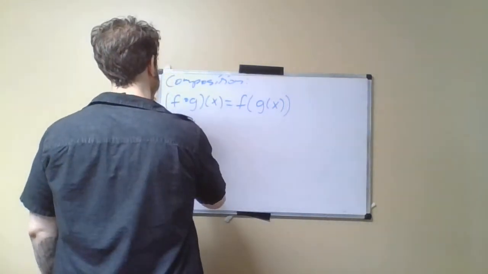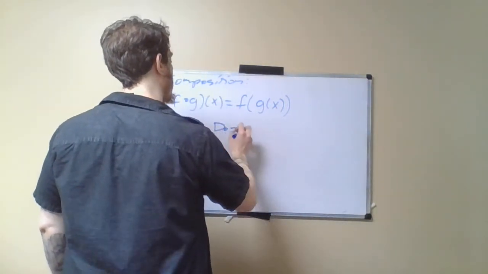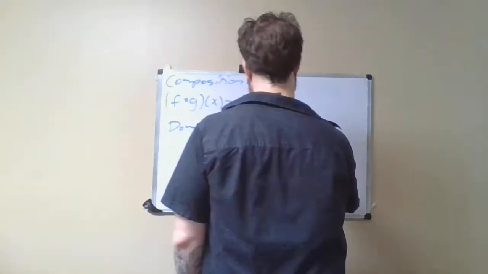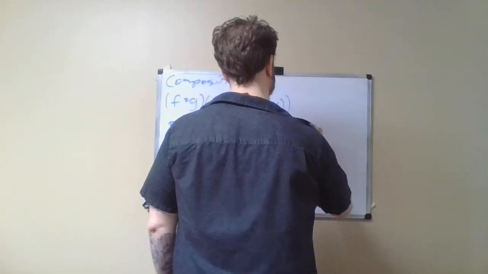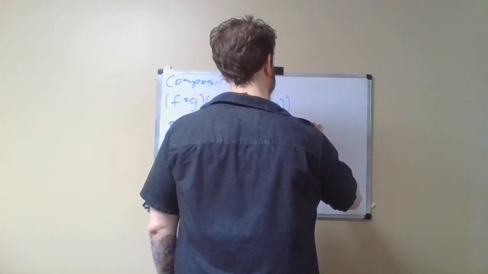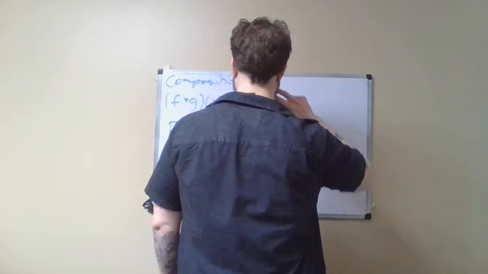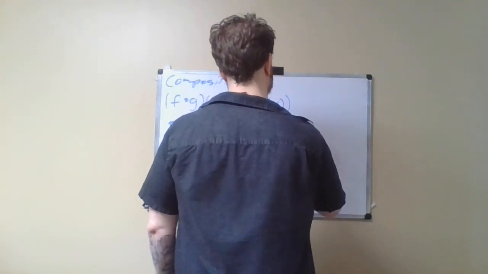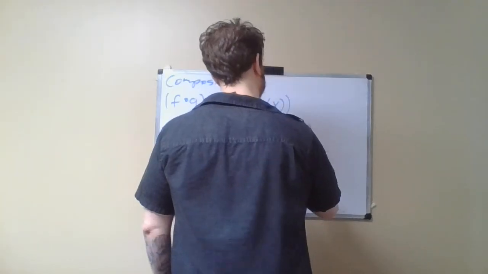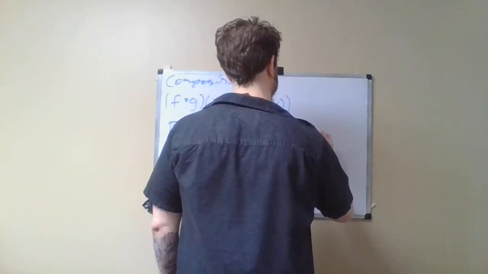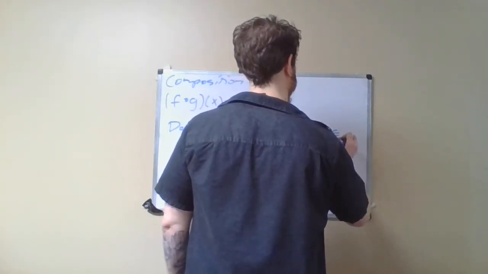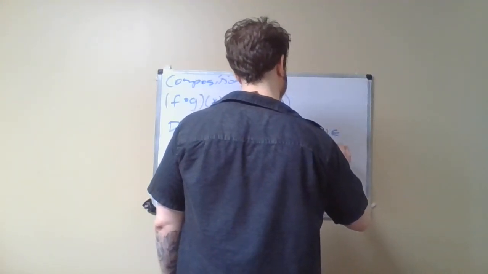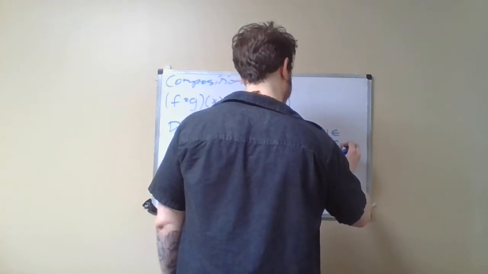So the domain is going to be the domain of g intersected with the set of x such that g of x is an element of the domain of f.